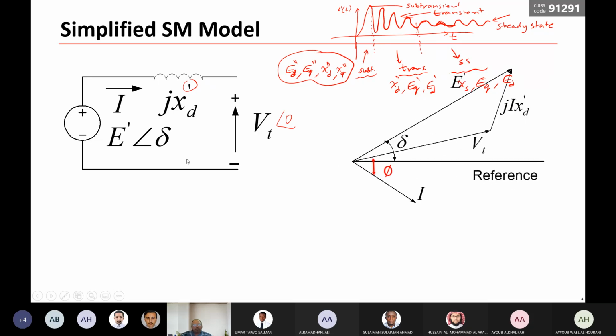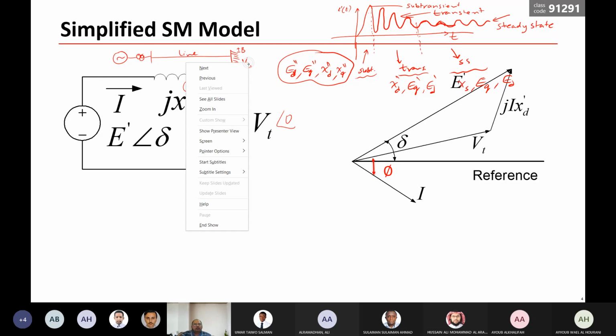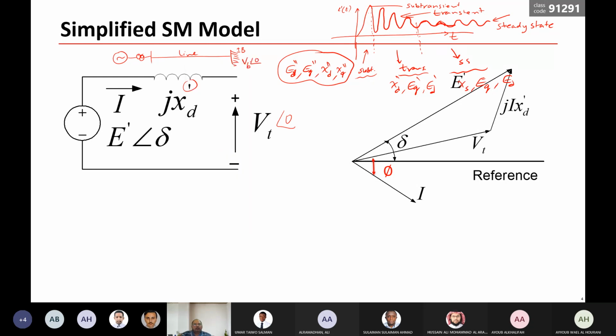The phasor diagram of this simple circuit is that you have a reference. The reference could be VT or some other phasor. Usually when we have a generator, a transformer, a transmission line, and then the infinite bus, we take the infinite bus voltage as our reference, since it is a huge system.